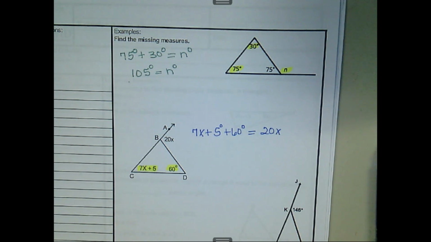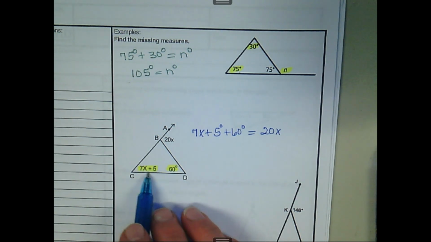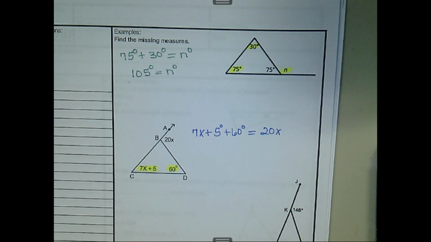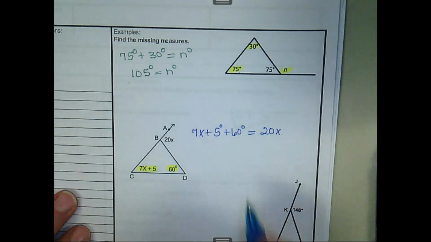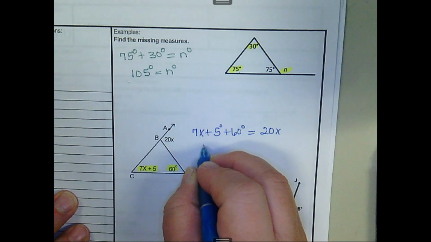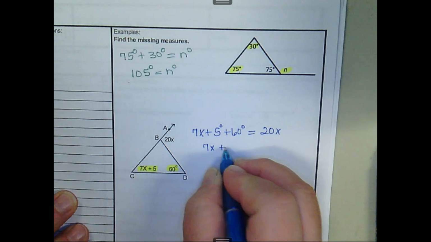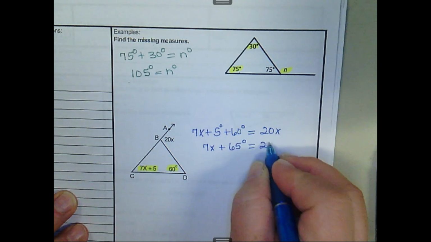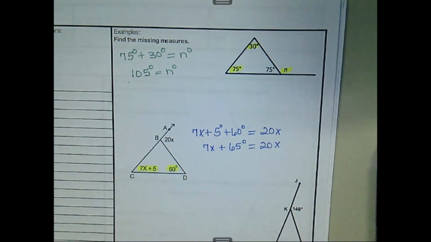Any questions? These two added together make my exterior angle. Okay, 7x plus 65 degrees is equal to 20x.